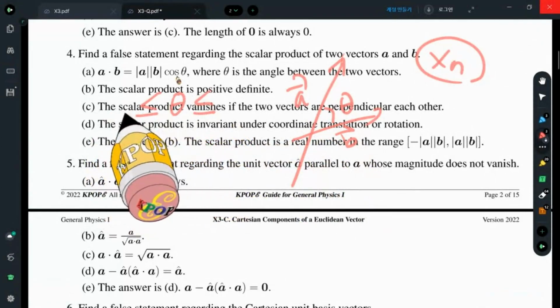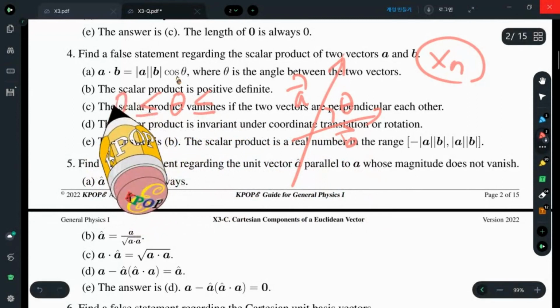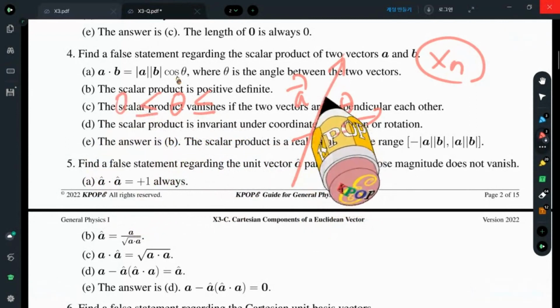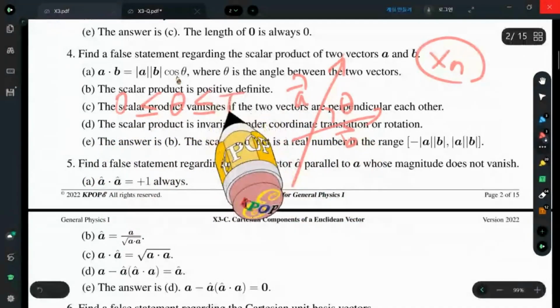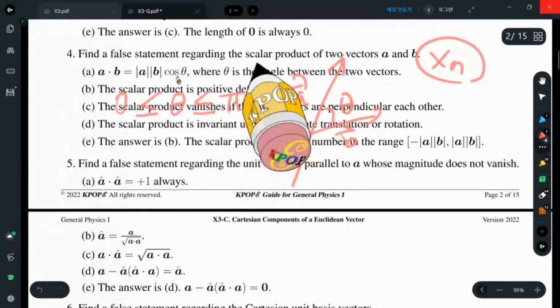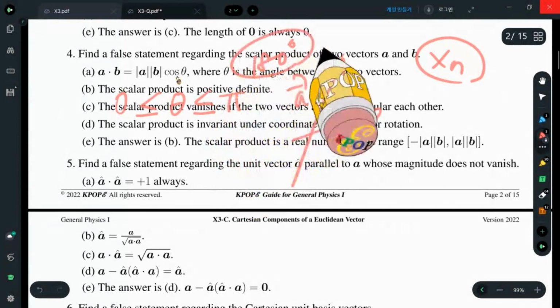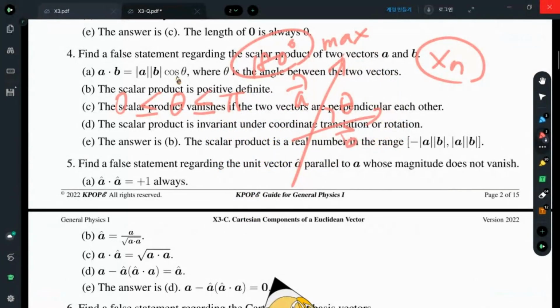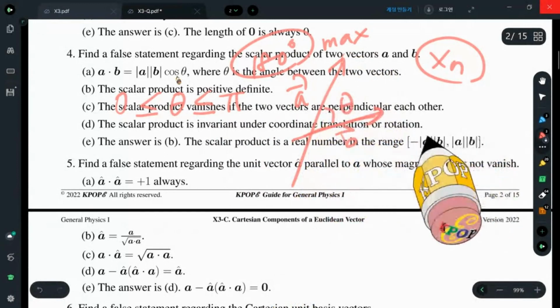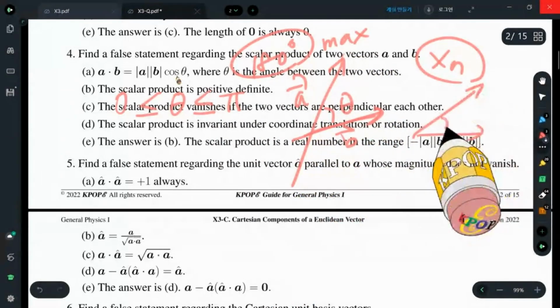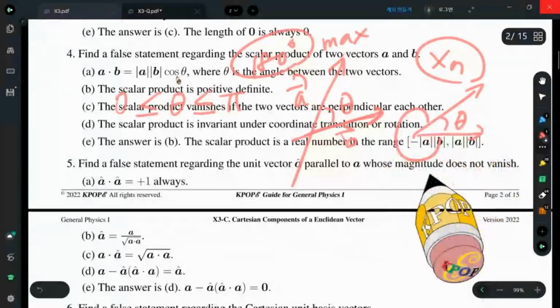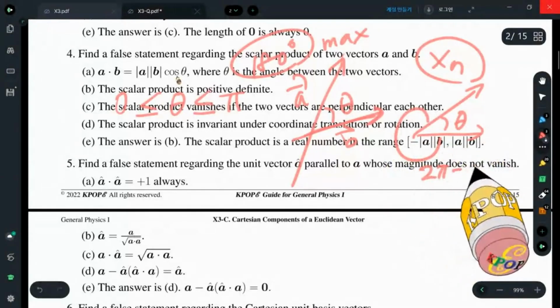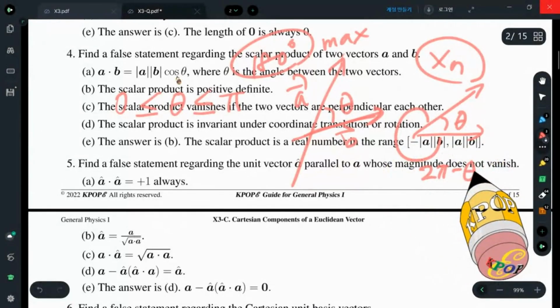Tell me. It runs from 0, and this theta does not exceed pi. So 180 degrees is the maximum value. Sure, you could measure this angle as 2 pi minus theta. That's fine. You will find the same result.